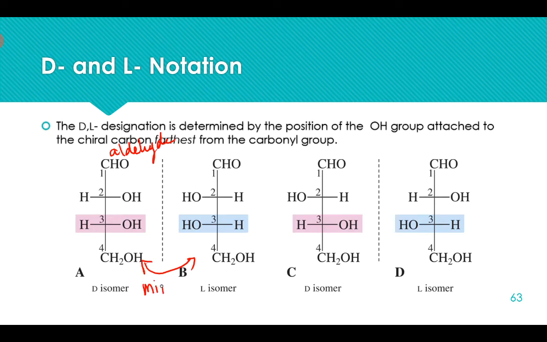So D and L are mirror images. And same here. These two are mirror images of one another. And so since these are mirror images, these are enantiomers.